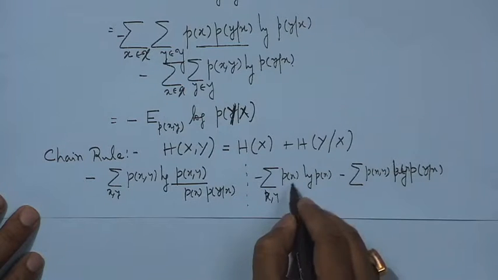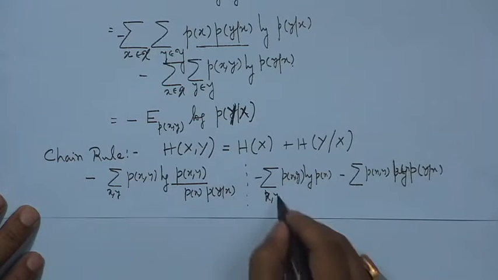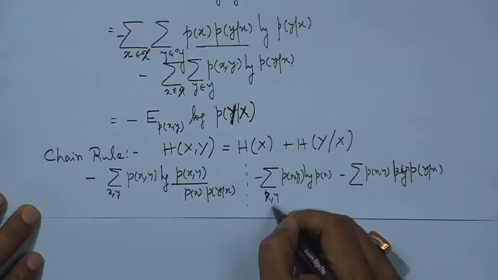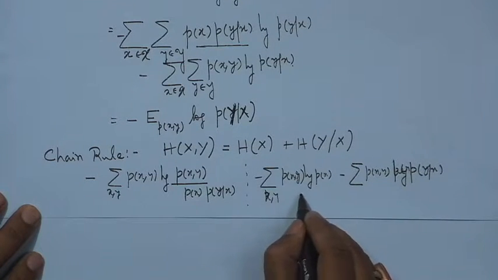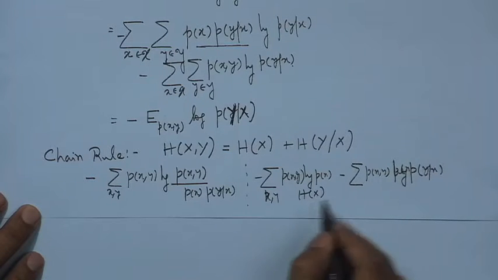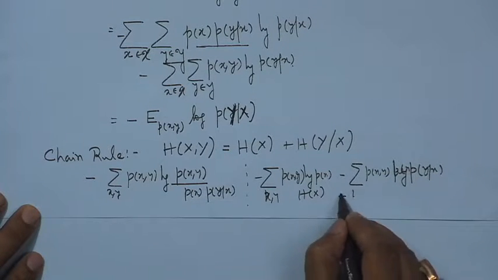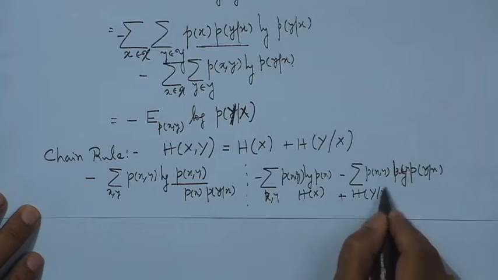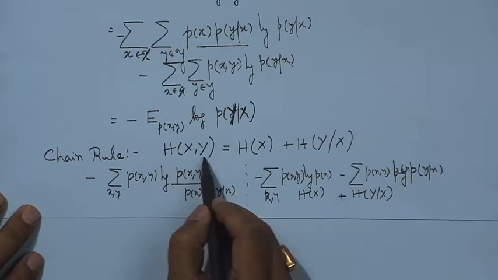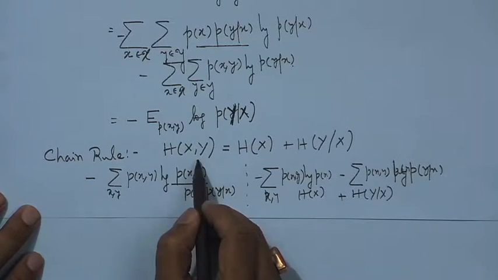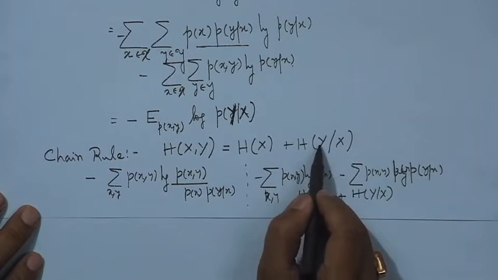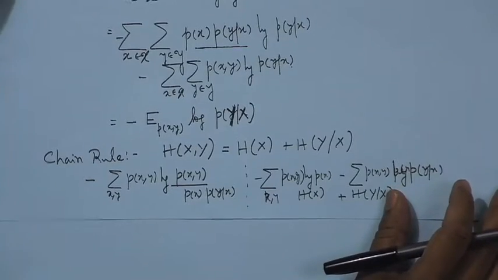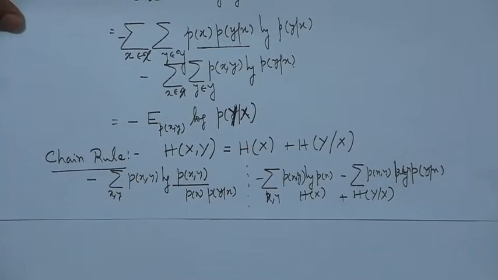When the first is added over y, y goes out and adds up to 1, so this would be H(X), and this whole term, as we have just seen, is H(Y given X). So basically the joint entropy H(X,Y) is equal to the entropy of one of them plus the conditional entropy of the other with respect to the first. So this is also what would be useful.